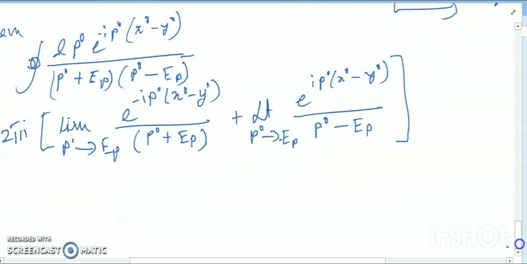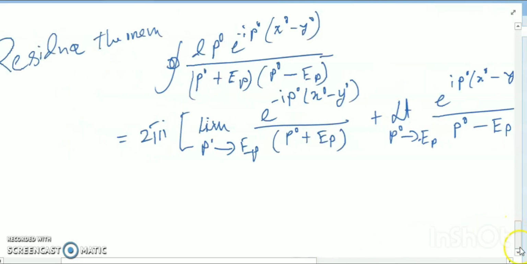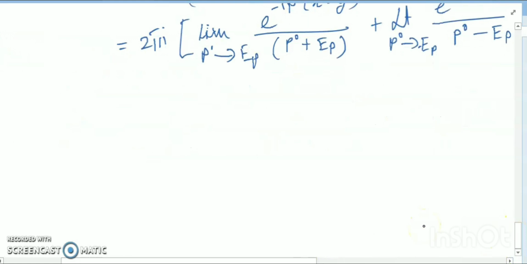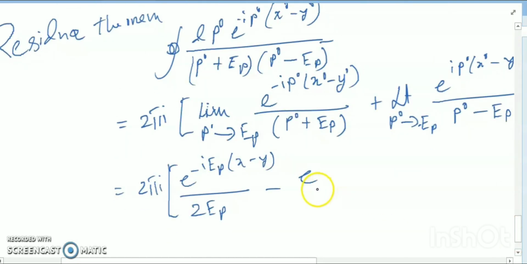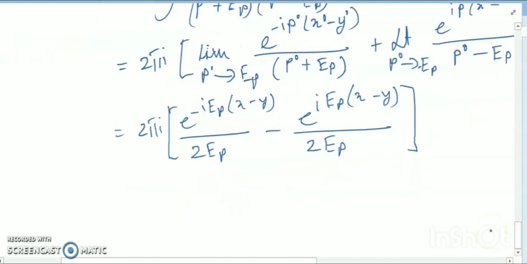This is fine, very simple. Now we get the equation 2π i, e to the power i εp (x − y) divided by 2εp, and another term, e to the power minus i εp (x − y), divided by 2εp. So this way we get it.